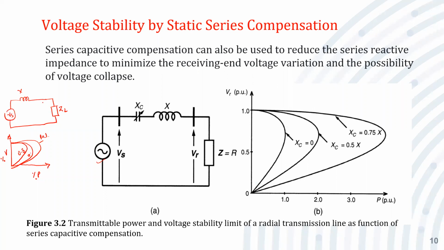As soon as we connect a compensator near the load of the radial transmission line, the profile is quite flat, or the voltage profile is improved. This is the percentage power, and we will get such a type of curve.